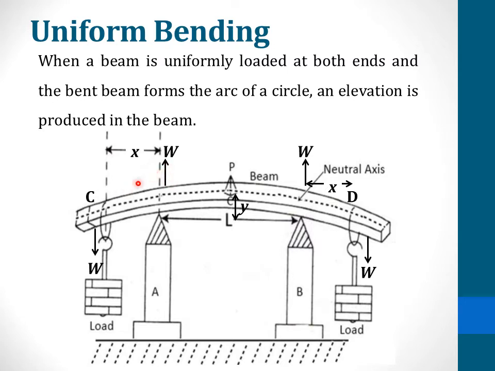The perpendicular distance between these two equal and opposite forces is x. Similarly, at the other section of the beam, there is a tensile force acting in the downward direction and there is a reaction acting in the upward direction, with the perpendicular distance between them being small x.